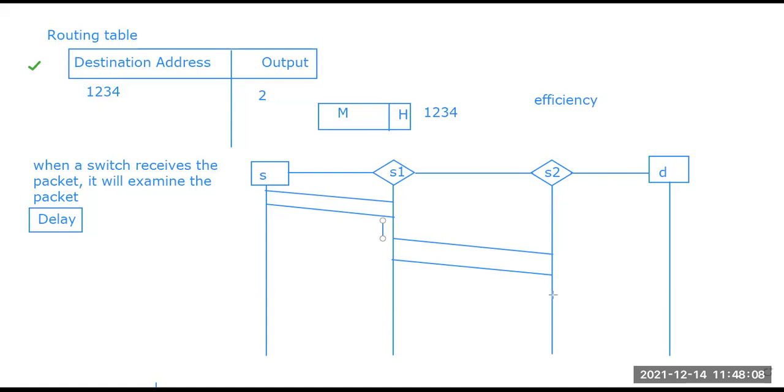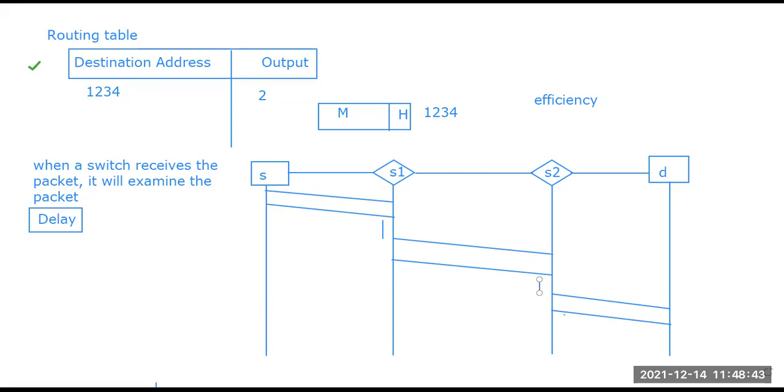Again, from switch 2, there is a waiting state, and then the message is transferred, and again we find a gap. This gap is known as the waiting time. Waiting time for what? Waiting time for the packet to be examined, looking up the value in the routing table, and finding the corresponding output port for that destination address. That takes time, and there the delay is occurring.